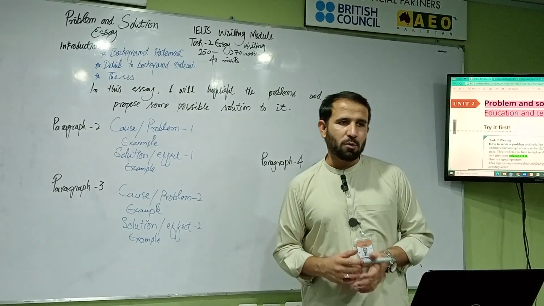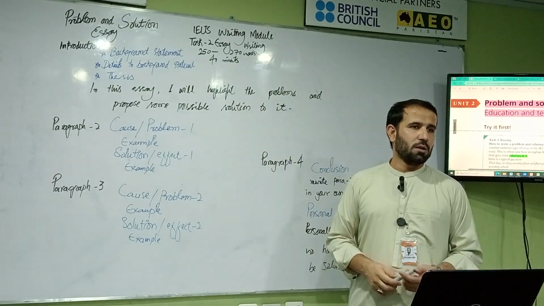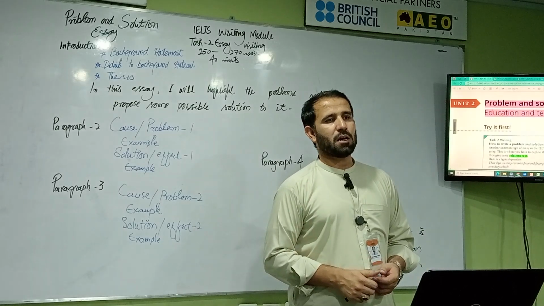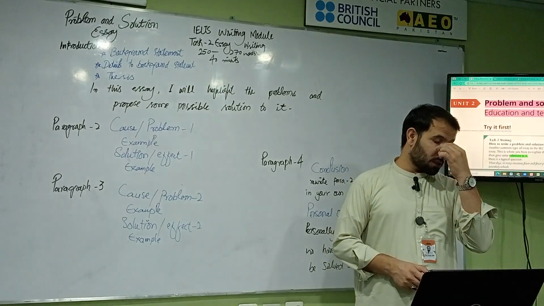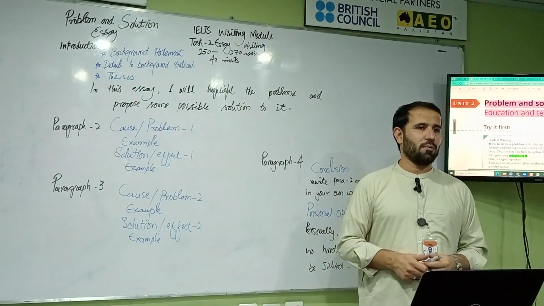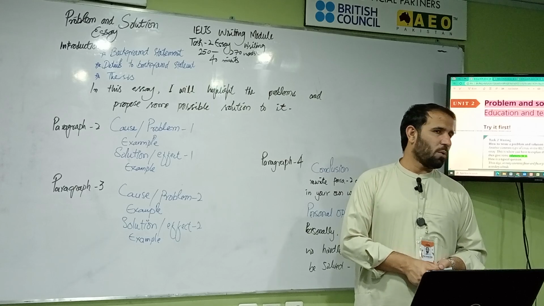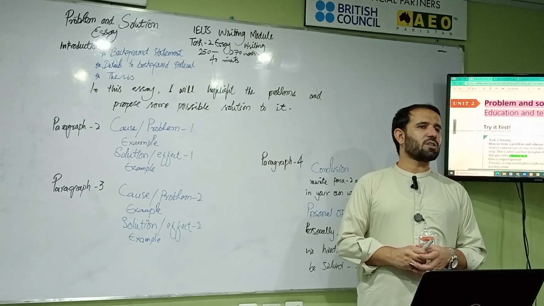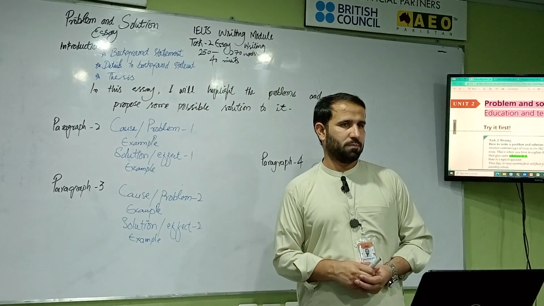So I will talk first about the background, the transport. Nowadays there are a lot of transport systems. Some of the transport systems are public and some are private. Public transport systems are very important for the citizens. In Peshawar, BRT, bus rapid transit, is one of the public transport systems.